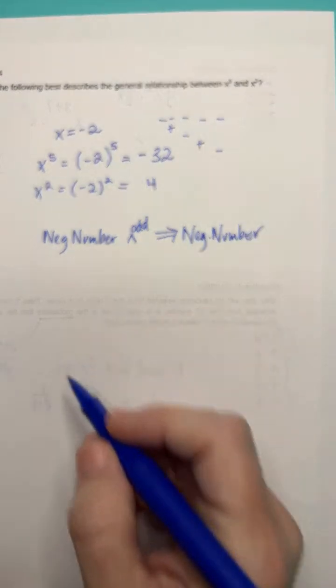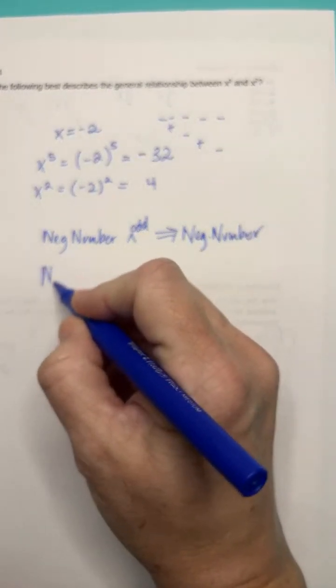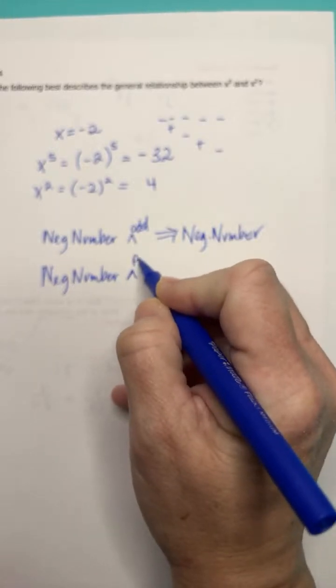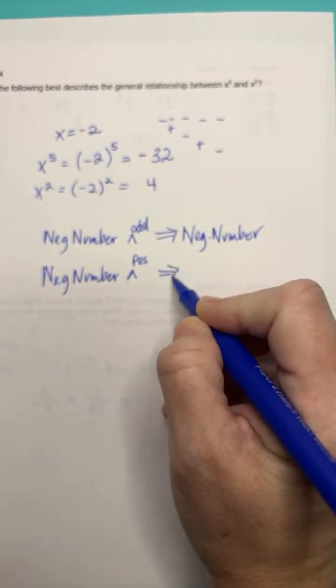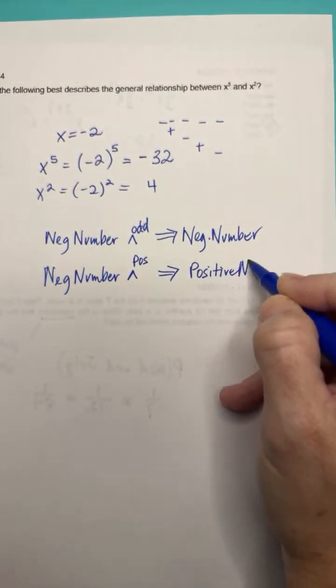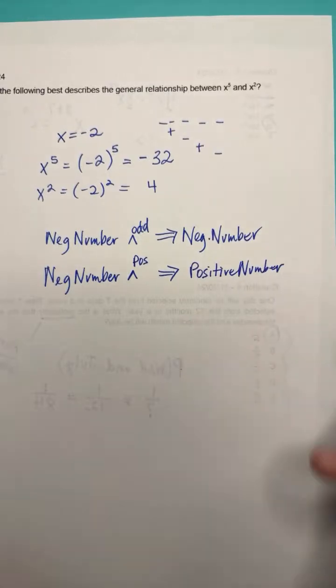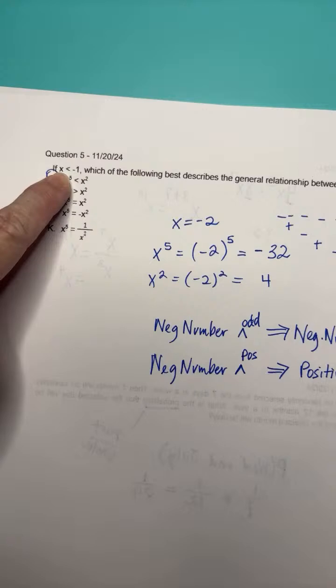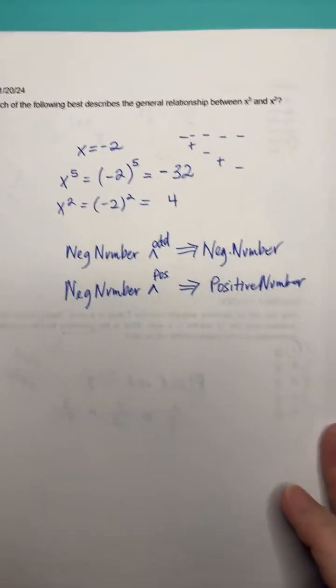But a negative number that is raised to a positive, even power is going to result in a positive number. Okay? So we're always going to have this type of relationship when we have this if statement there.